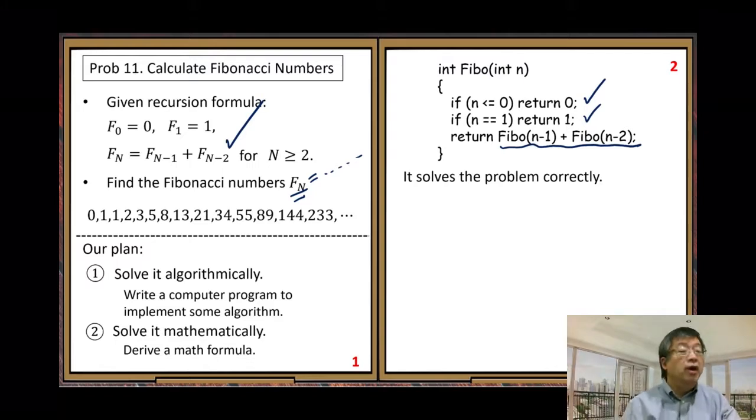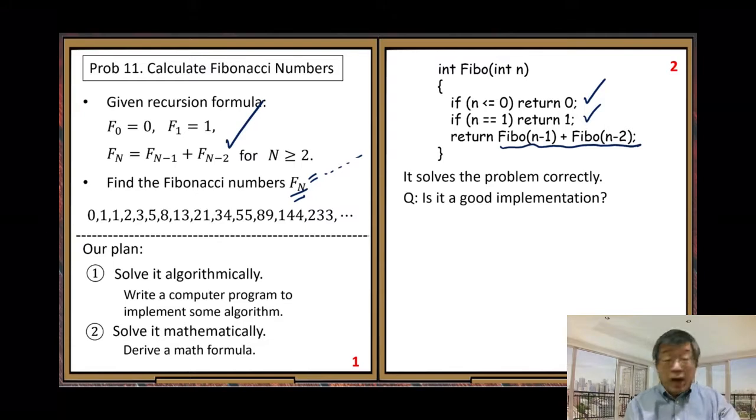We just know this function will produce the correct answer. All right, but the next question, we would like to know if this method is good or not, if this implementation is acceptable or not, right? That's the next important question we need to answer.